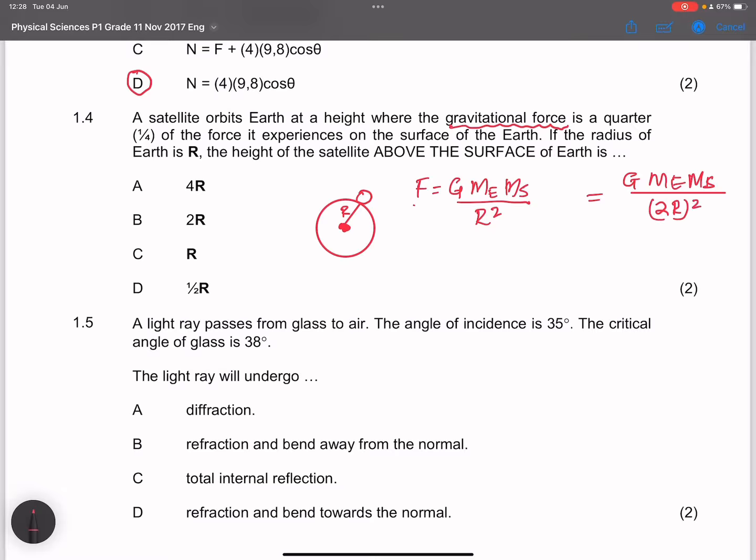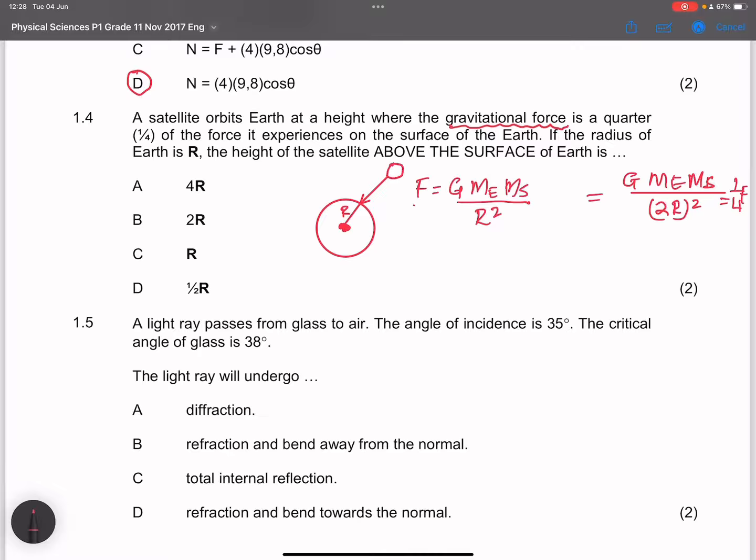If we calculate this, we will get 1 over 4F. So we will get 1 over 4F, which means that the satellite has to be another distance R away from the Earth.